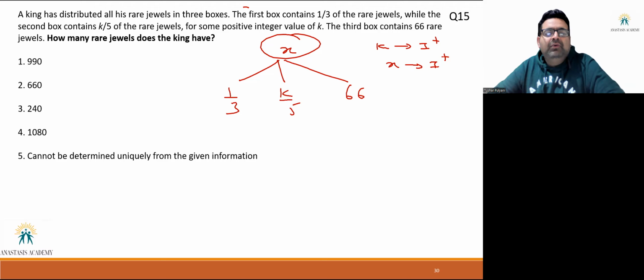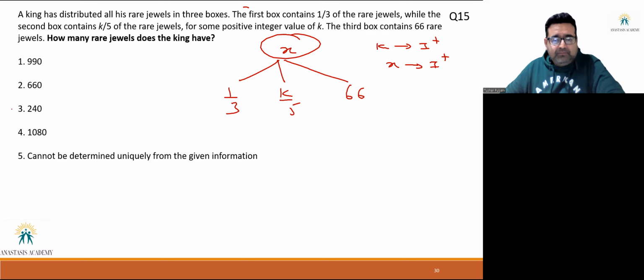So here we have to find out based on k being an integer, because either k is 1, then it is 1/5, or it is 2/5, or 3/5, and 4/5, and so on. But if you look at this, 1/3 is 33.33%, which is already gone. So if I take k as 1, 1 by 5 is 20%. This is still possible. I take 2 by 5, which is 40%.